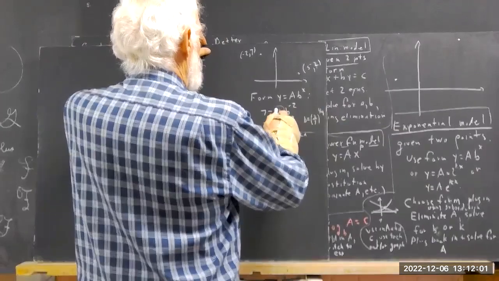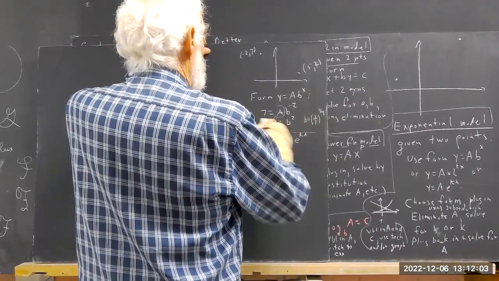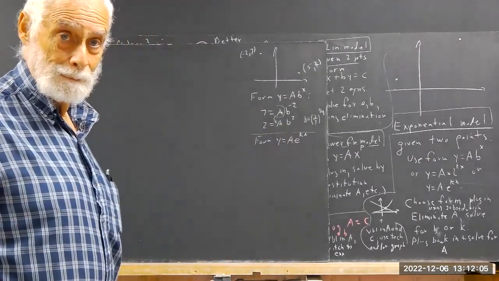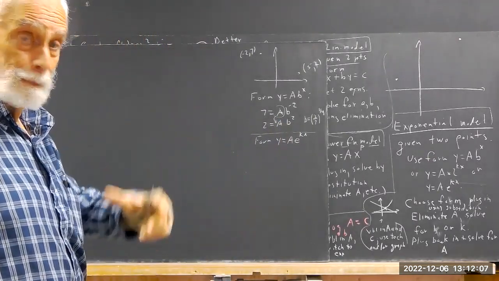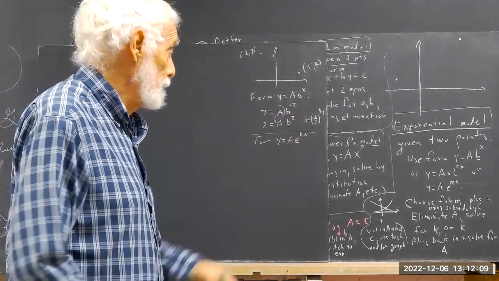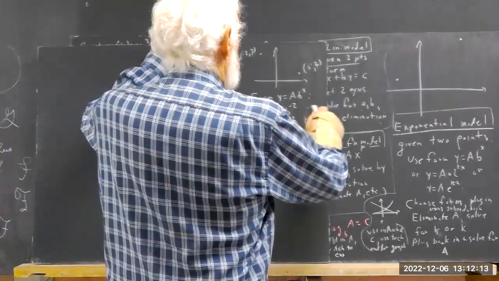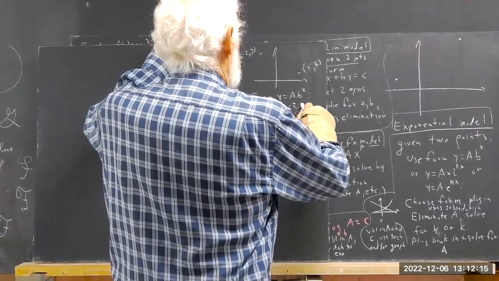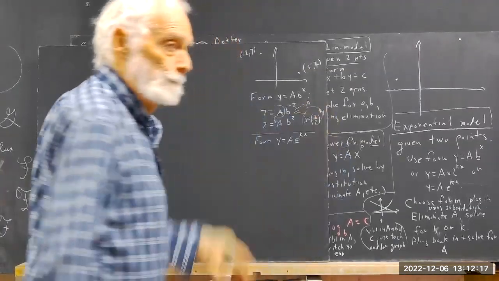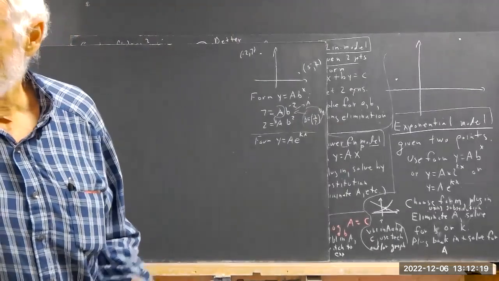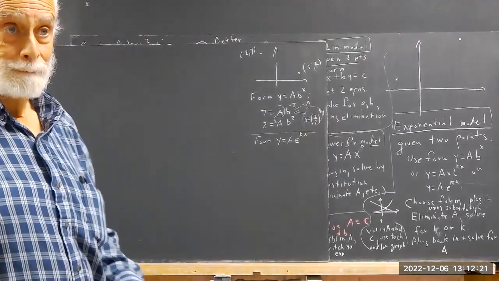Solve this for a, and then you plug it in here. Okay, so if you understand my arrows and my explanation, there we have it. B equals this, and then you can take this back in here and get a. That's the process. If you don't understand that, review. Okay.